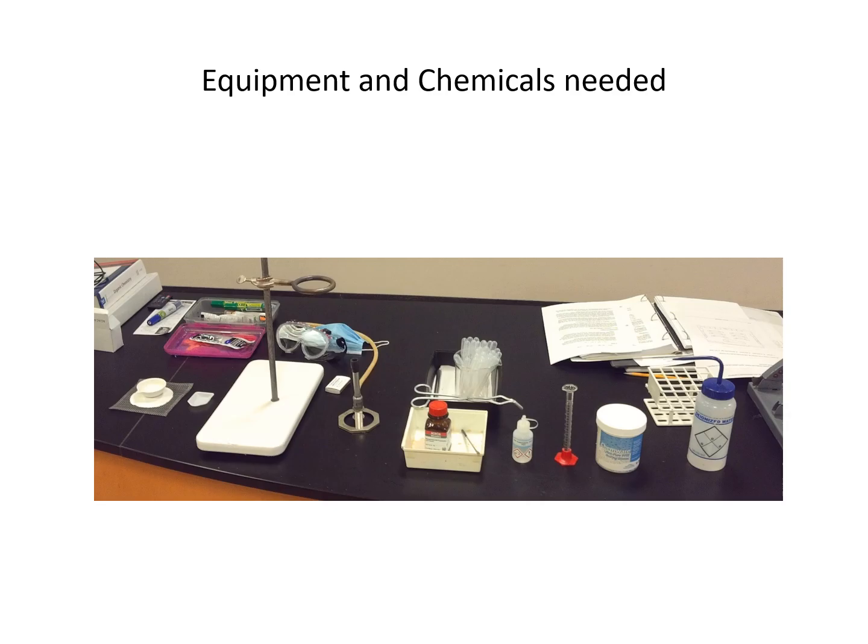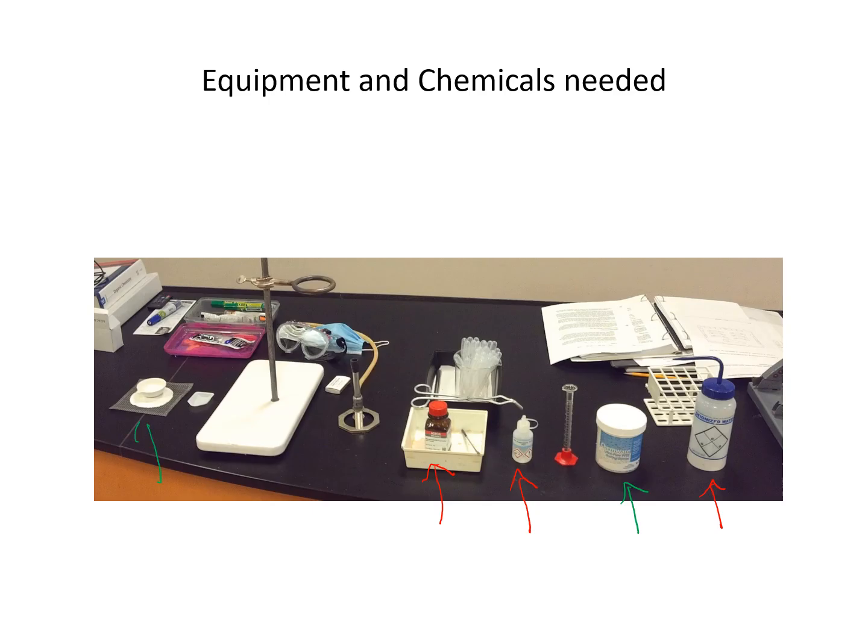Okay, so let's go through the equipment and chemicals needed. So the chemicals you need are manganese, deionized water, and this is your 6 molar hydrochloric acid. For your equipment, you'll want a boiling chip with a 100 milliliter beaker.